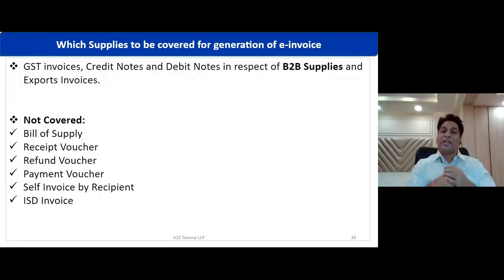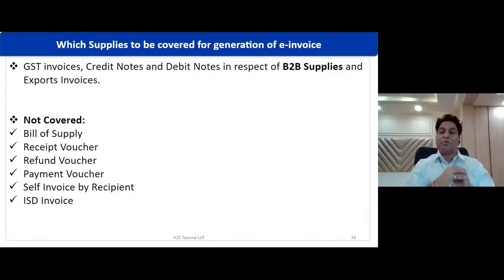Receipt voucher, when you receive advance money, you issue a receipt voucher, not applicable. And advance money only for supply of services chargeable to GST. But for receipt voucher, no provision of generation of e-invoice is going to be applicable. Refund voucher, when you refund the advance money.